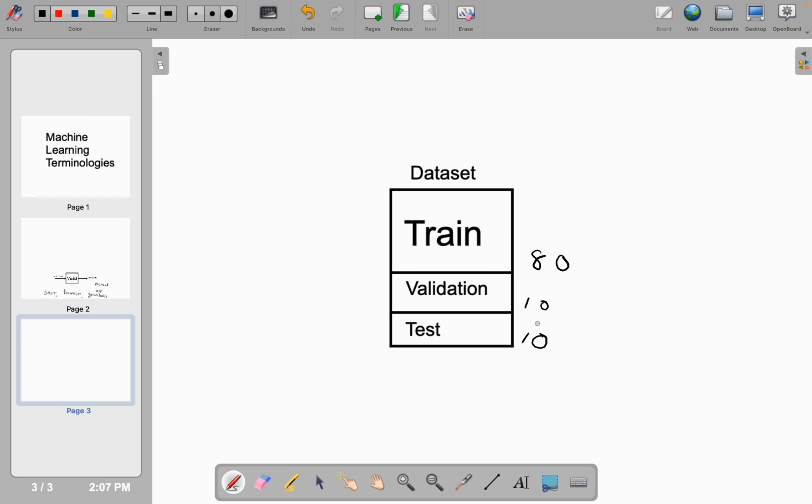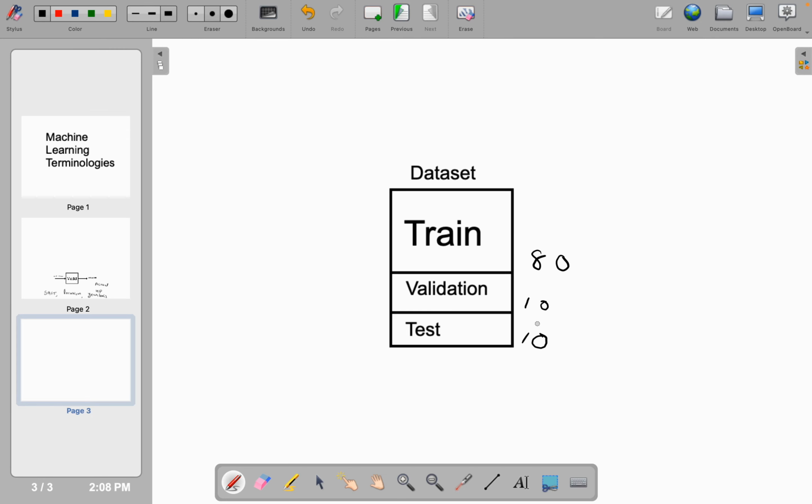You can think of the training set as a student attending a class to learn a concept. The teacher will teach the student what we have to learn, right? So that would be our training set. A validation set you can consider as a practice test for the model. Once the model learns from the training set, we evaluate that model on the validation set, to see how well the model performs on unseen data.